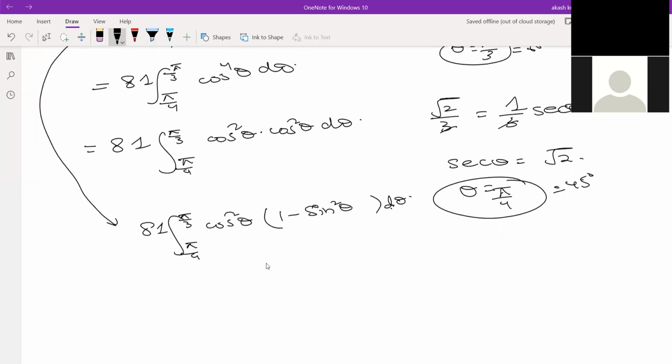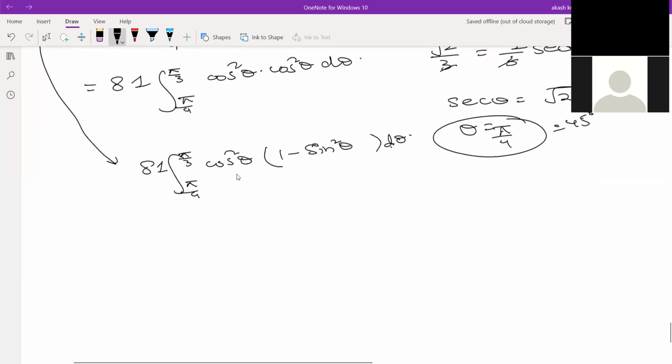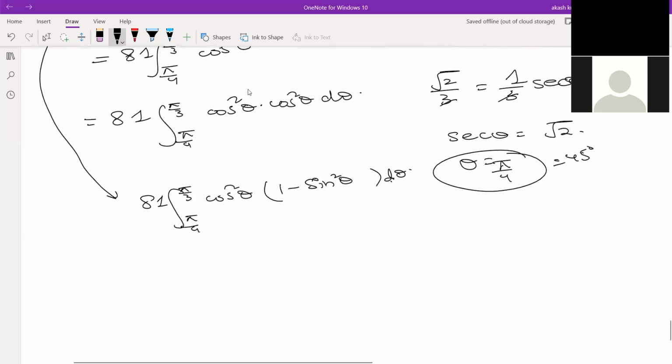Then still the same situation here, because we have cos square theta here, not cos theta. Okay. The last option that is left, because we can't apply the u substitution here.